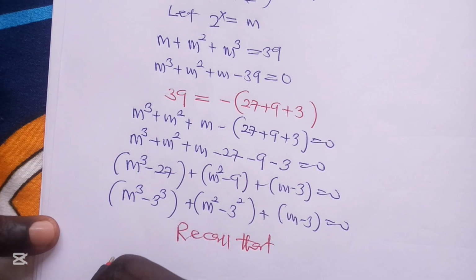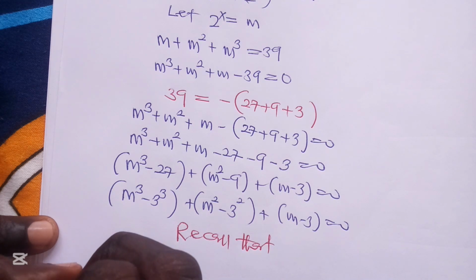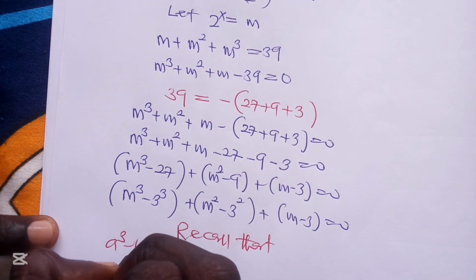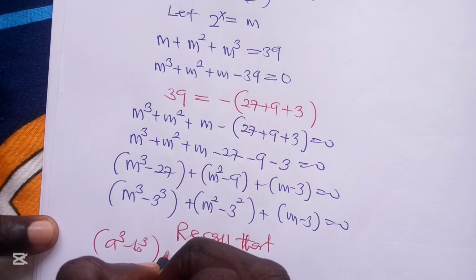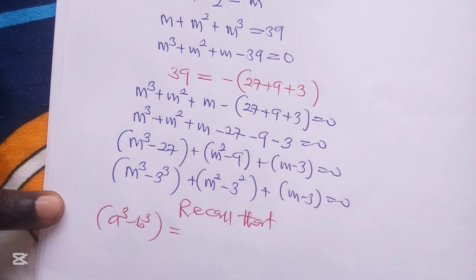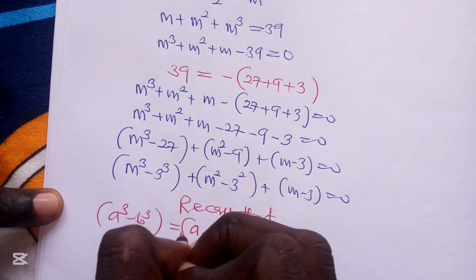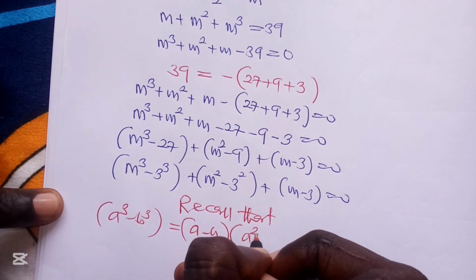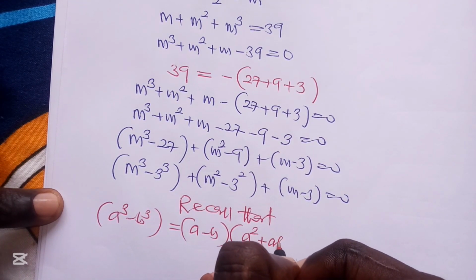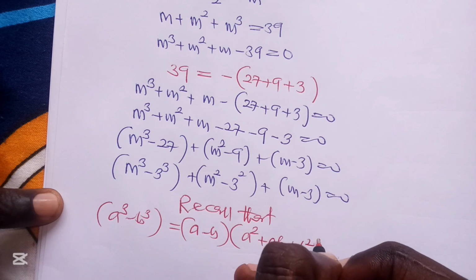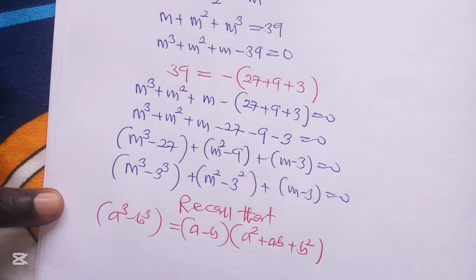If you have a raised to the power 3 minus b raised to the power 3, this can be expressed as a minus b into a squared plus ab plus b squared.